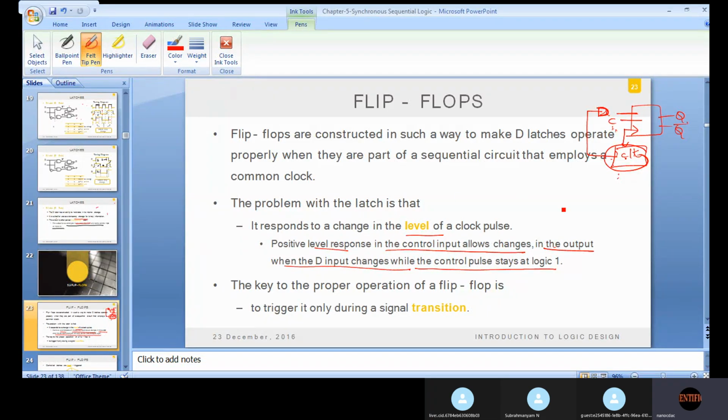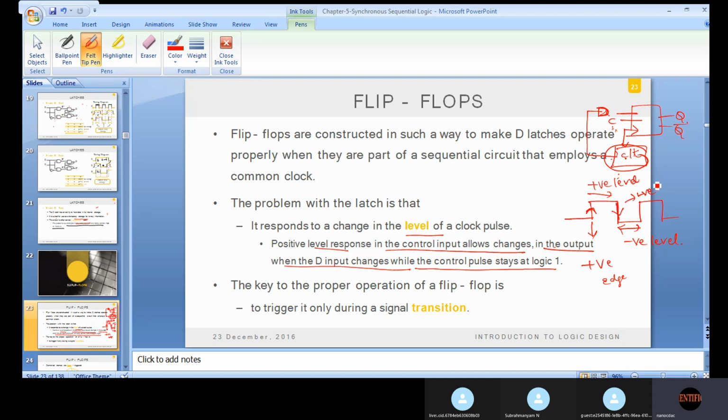Okay, this is the clock signal. This is the positive level. This is the negative level. Okay, so this is called what? Positive edge. And this is called what?